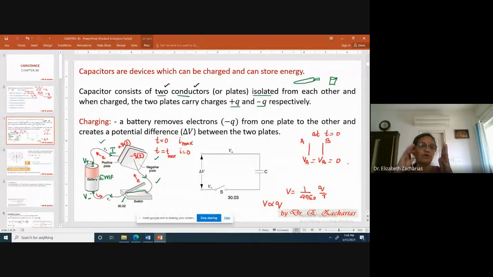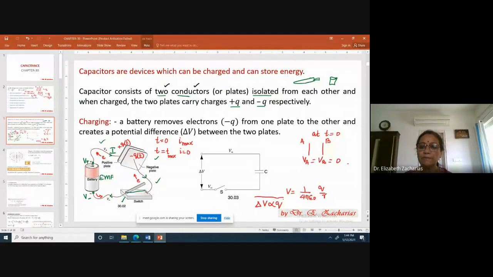One is going to be positive, one is going to be negative, and finally after the charging, there is a maximum potential difference between the two plates. Let's call this potential difference delta V. The potential difference between the two plates will be directly proportional to the charging that you have done, the way you have deposited charge by pulling it out from one plate to the other.